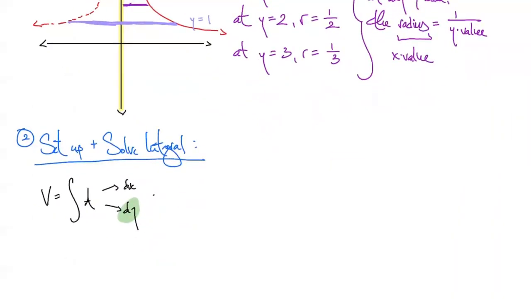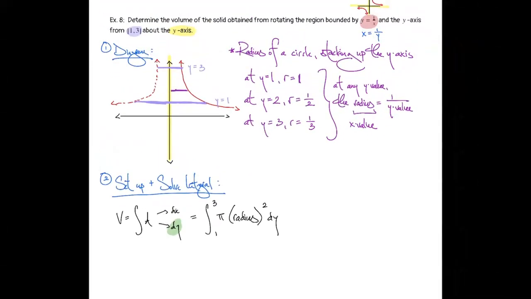So many clues tell us we have the integral from 1 to 3 of pi times the radius squared dy. Okay, what equation should I use for the radius? Well, we already thought about that.